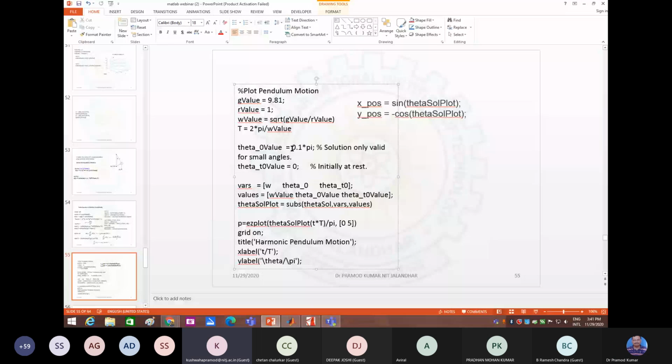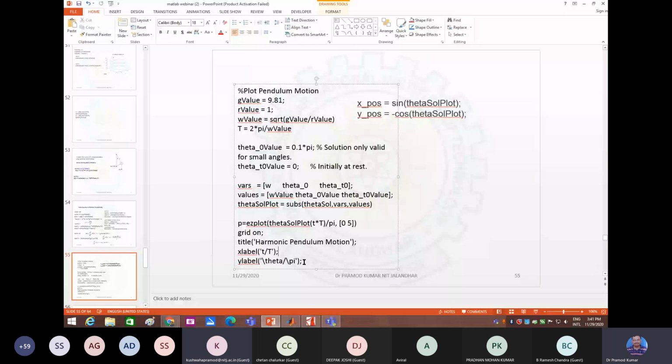This way we calculate theta solutions by substituting these boundary conditions. We get the solution out of that. And then we use plot to see the variation, because pendulum variation is like this, harmonic pendulum motion. After that, we plot.